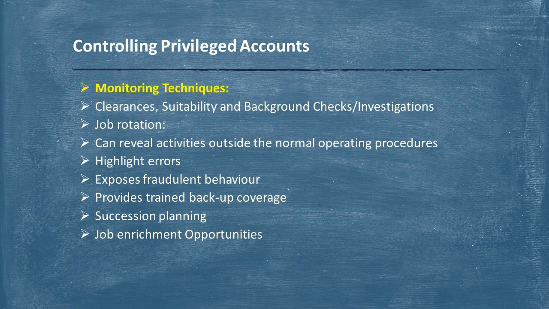It highlights errors, like if the previous person has made a lot of errors, then it comes out. People come to know by implementing job rotation. It exposes fraudulent behavior of the earlier person who was performing that role.